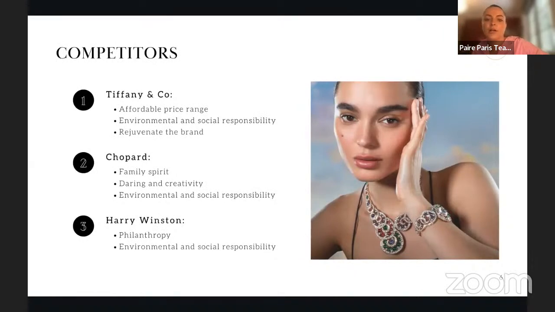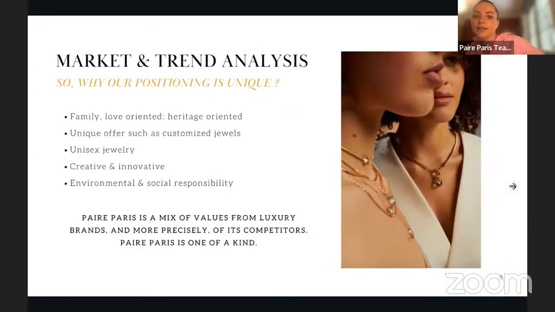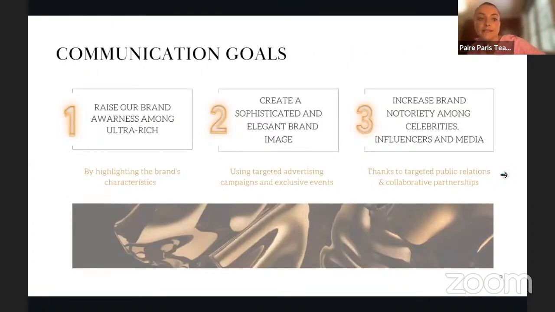These companies are characterized by their commitment to the environment, their human values, and the family and community nature of their product. So why is our positioning unique? Barbaric is a brand that attaches great importance to family and heritage. We offer unique and personalized jewels that are unisex, creative, and innovative, and that also have a positive impact on the environment. We will now move on to the marketing part.